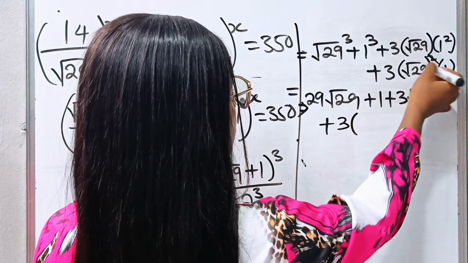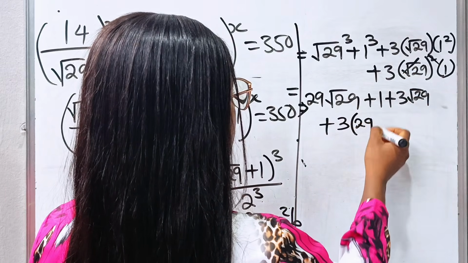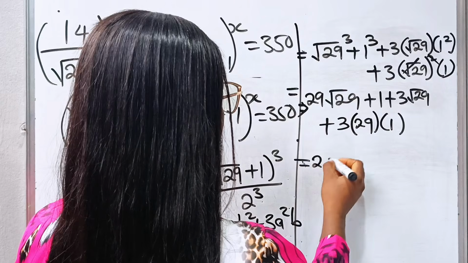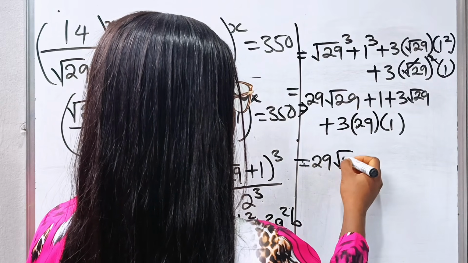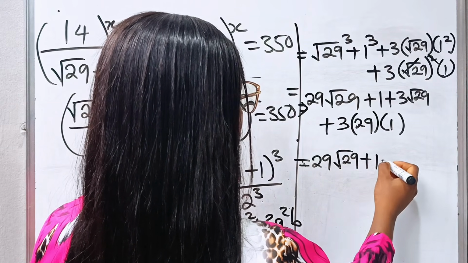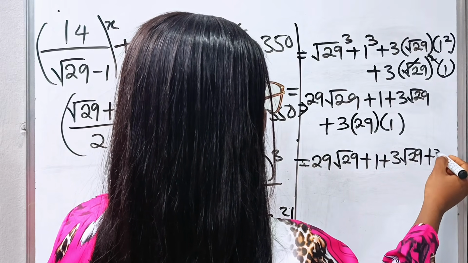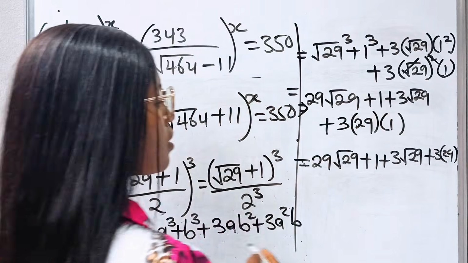Now root 29 squared will remove this, so we have 29 multiplied by 1. Now this is equal to 29 root 29 plus 1 plus 3 root 29 plus 3 multiplied by 29.